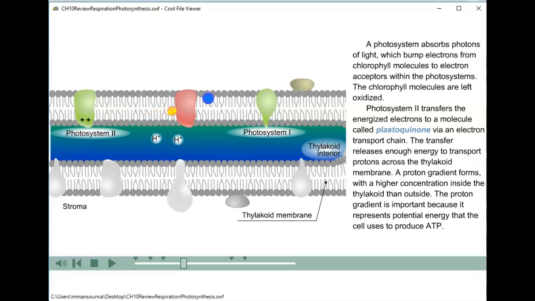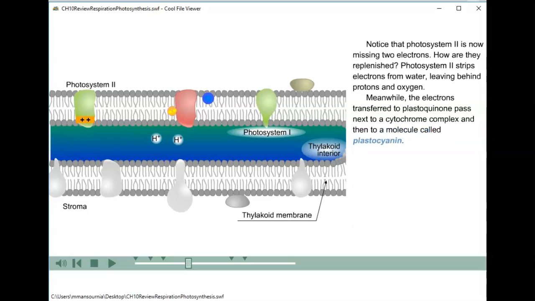The transfer releases enough energy to transport protons across the thylakoid membrane. A proton gradient forms, with a higher concentration inside the thylakoid than outside. The proton gradient is important because it represents potential energy that the cell uses to produce ATP.